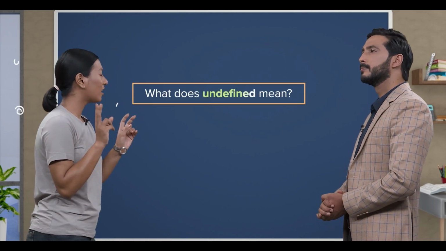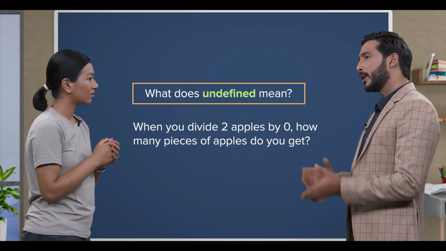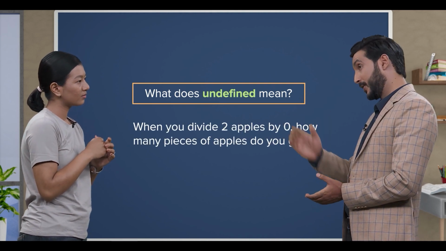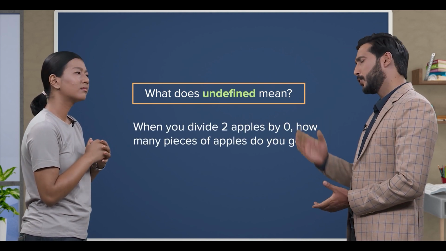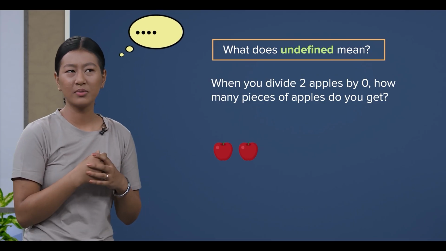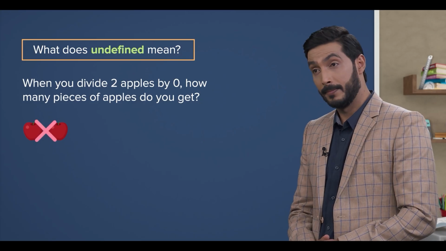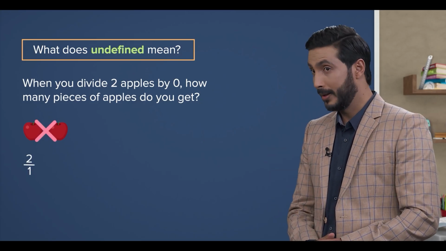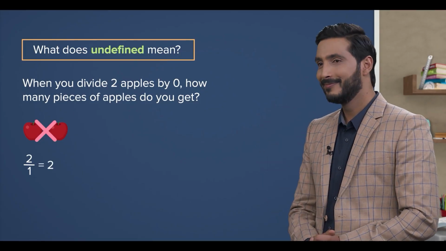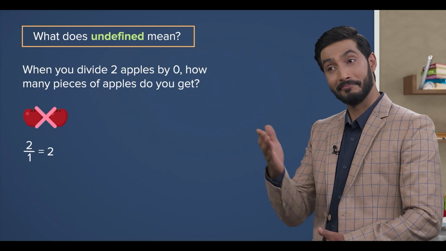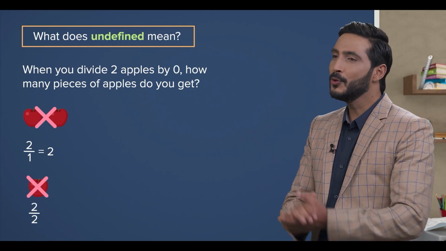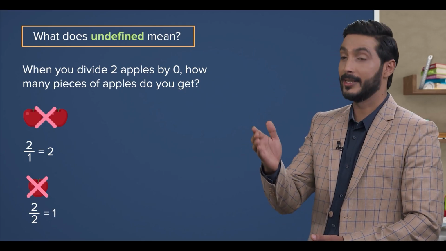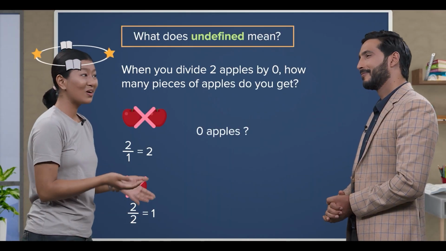What do you mean by undefined? Well, when you divide 2 apples by 0, how many pieces of apples do you get? 2 apples? That can't be, because 2 divided by 1 is equal to 2. 1 apple? That can't be, because 2 divided by 2 is equal to 1. 0 apples?